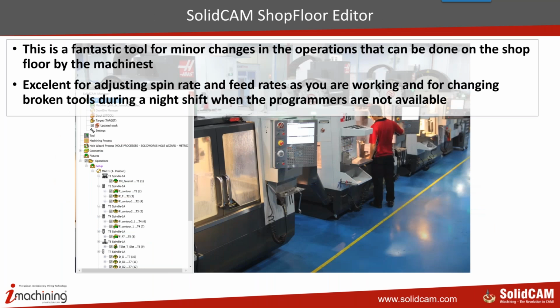Now, the SolidCAM ShopFloor Editor is a specific version of SolidCAM that is really a fantastic tool for making minor changes in the operations that can be done by the machinist himself. So for one, he doesn't have to always bother the programmer every single time he feels the change.